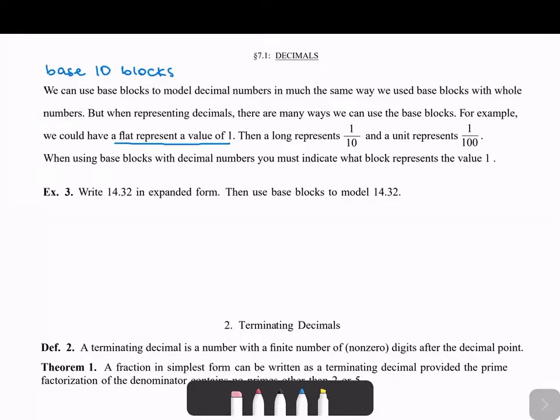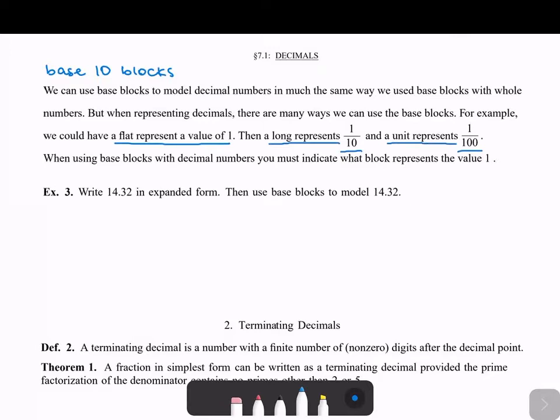So if a flat represents a value of 1, then each flat has 10 longs. So a long will represent the value 1/10. And each long will then have 10 units. So a unit will represent the value 1/100, so 1/100th.